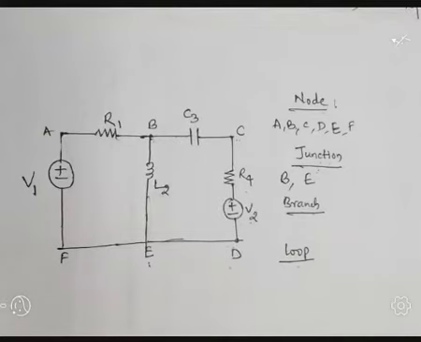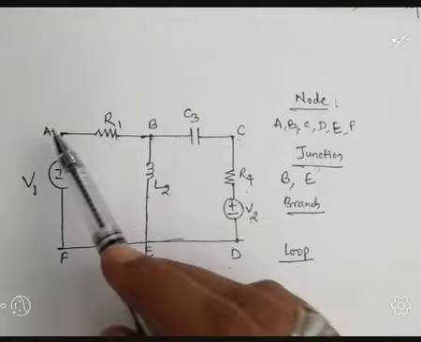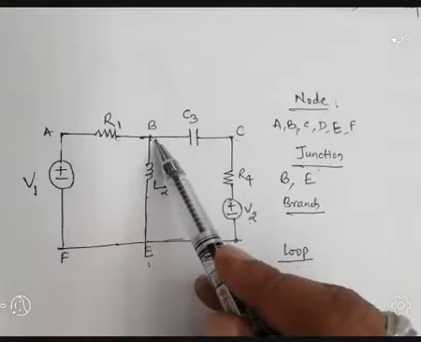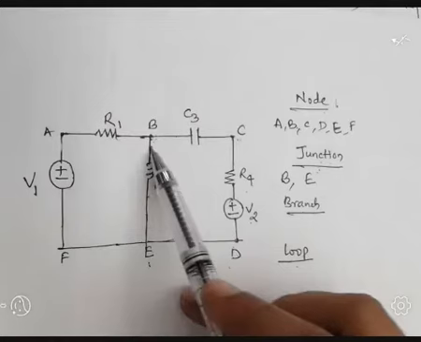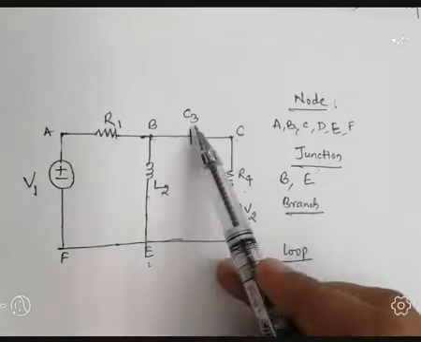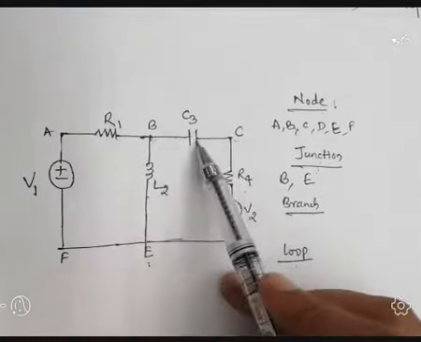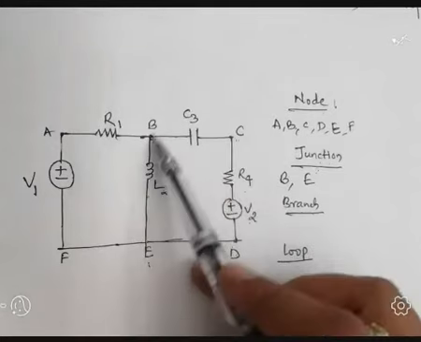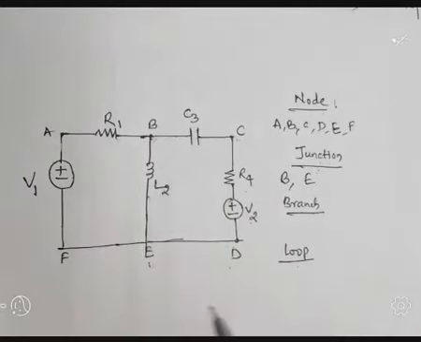So a part of the network which connects various points: A is connected with B, so AB acts as a branch. B is connected with C. The capacitor one end is connected to B, capacitor other end is connected to C, so it acts as a branch.